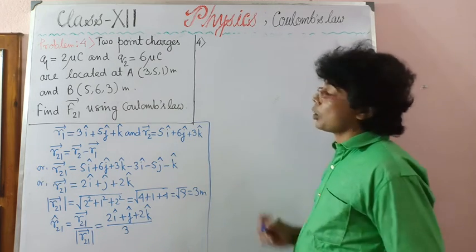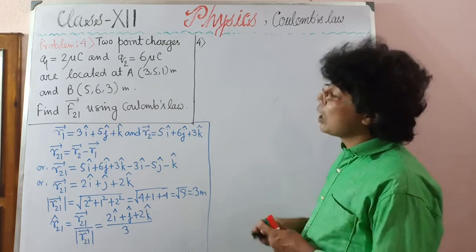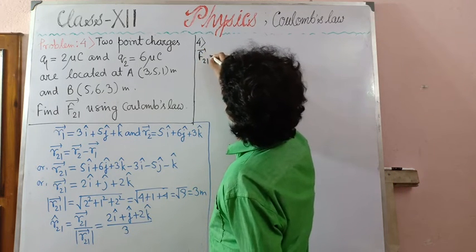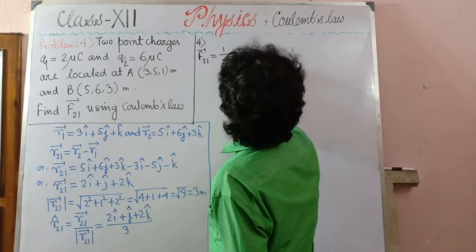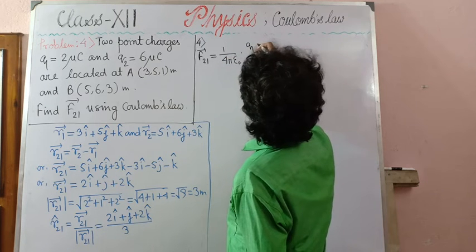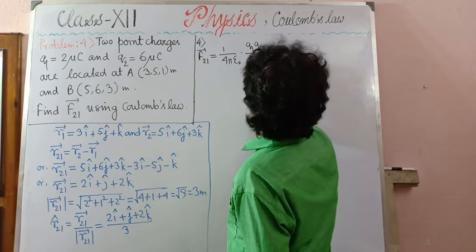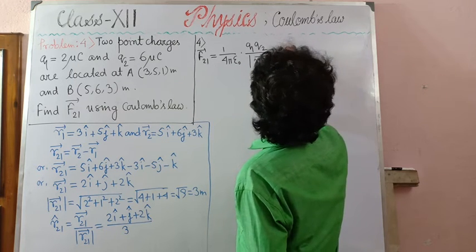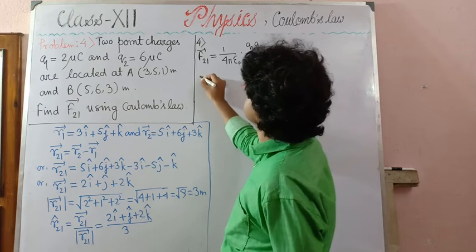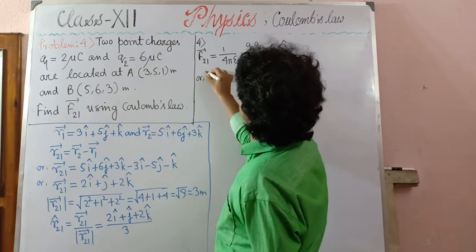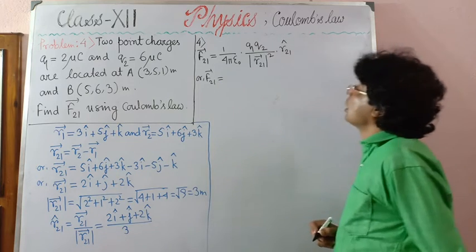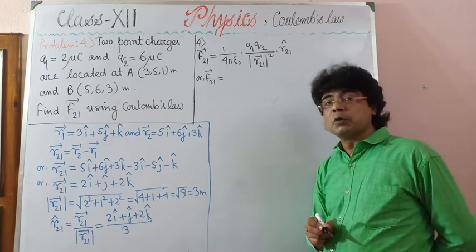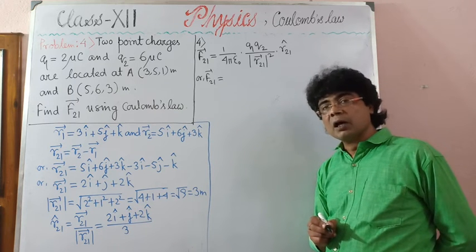Now, using Coulomb's law, we can write F21 vector as F21 vector equals 1 by 4 pi epsilon 0, Q1 Q2 by R21 vector mod square into R21 cap, or F21 vector equals, we know, value of 1 by 4 pi epsilon 0 equals 9 into 10 to the power 9 Newton meter square per Coulomb square.